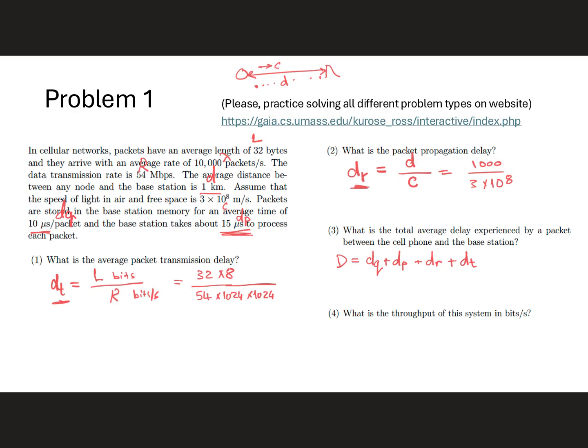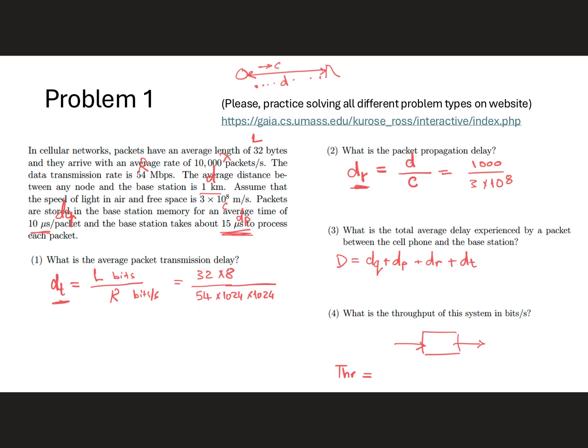What's the throughput of this system in bits per second? So for a particular system, the whole system, right, we have an average input to the system and an average output from the system. And the throughput, call it THR, is by definition the number of successfully transmitted packets per second, bits per second, okay?